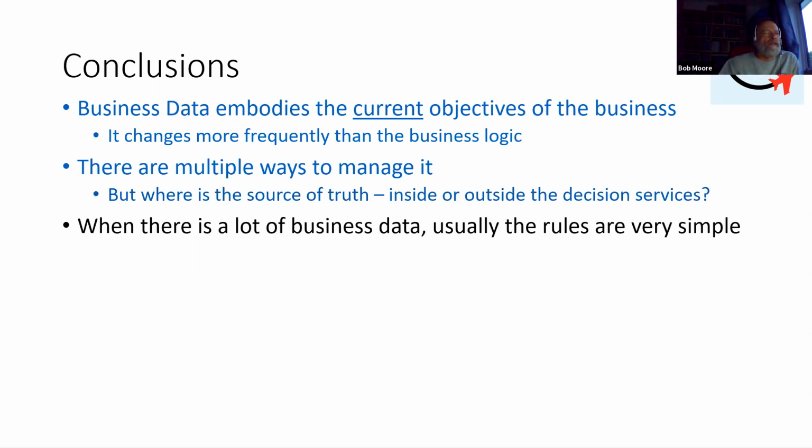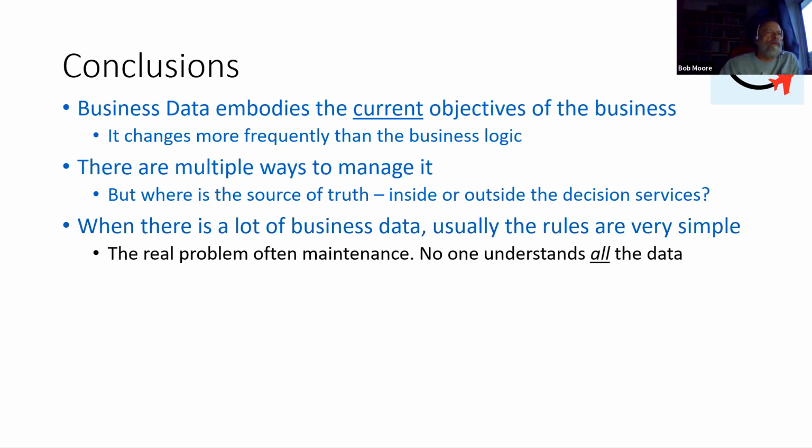Where there's lots of business data, you'll generally find that the rules that are managing that large amount of business data are very simple. So the real problem with lots of business data is actually the maintenance of the data, because nobody is going to understand all of that data. Nobody understands that list of 70,000 conflicting pairs.